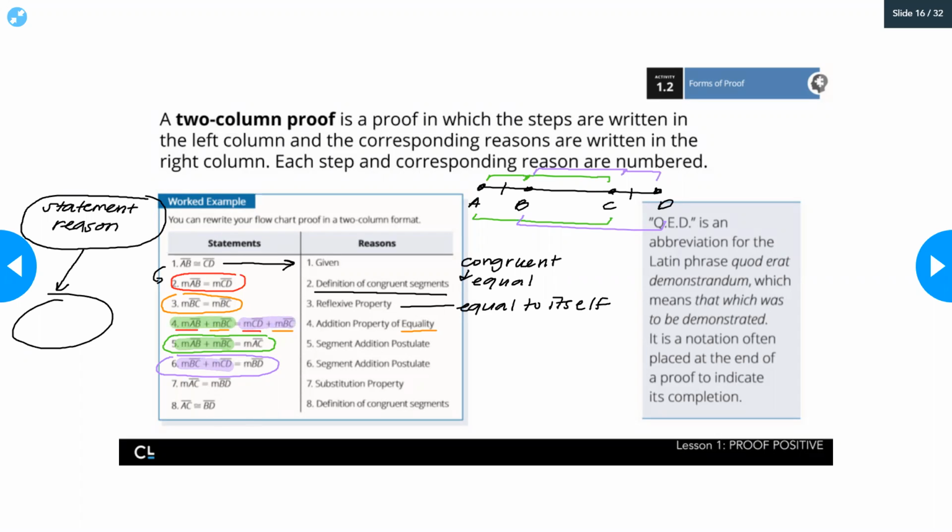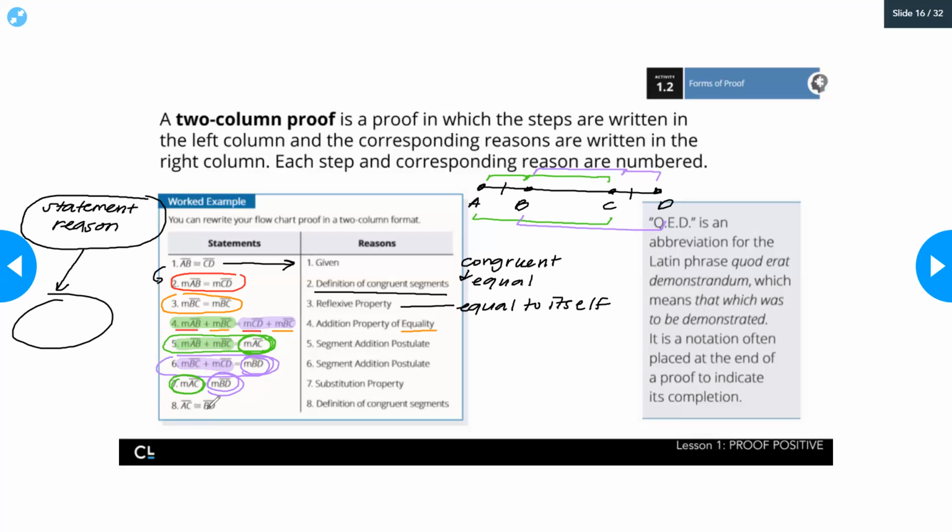So instead of saying that lengthy piece of AB plus BC equals BC plus CD, I am now taking and substituting what I know is equal right here and set it equal to the other piece that I know is equal, right here. So now we have saying that the measures are the same. By that substitution property, we are using that line 4 to substitute into line 7.